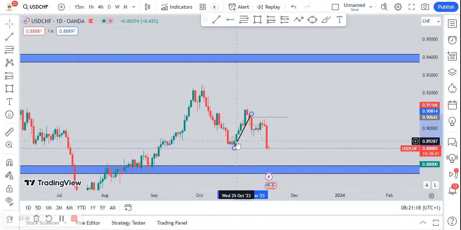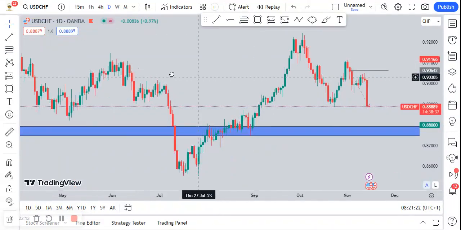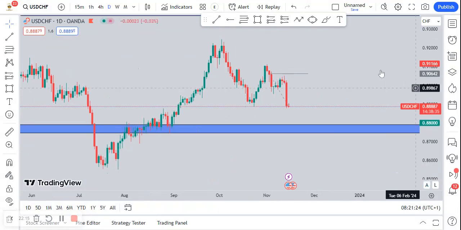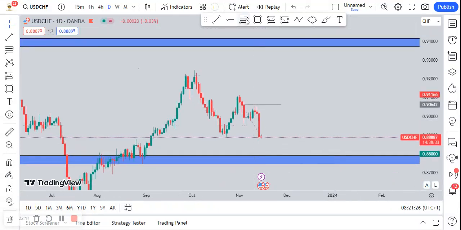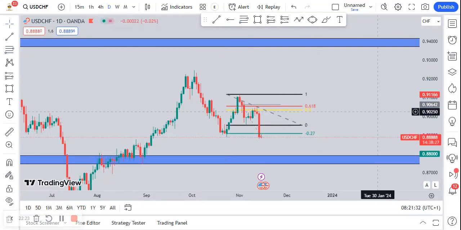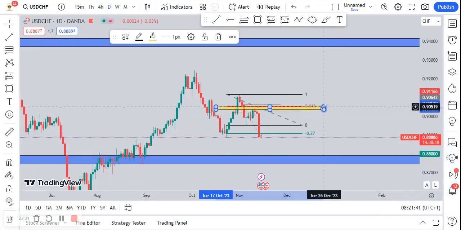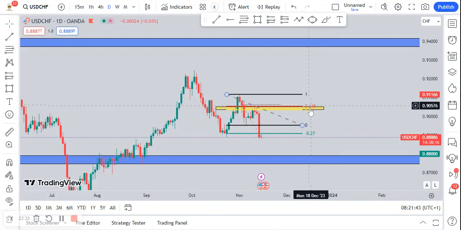So during the pullback, what I did is just come to my daily time frame, not 4 hours, then place my Fibonacci from this high to this low. Identify my next fib level, as simple as ABC. So I was expecting the market to pull into this zone for me to sell again.